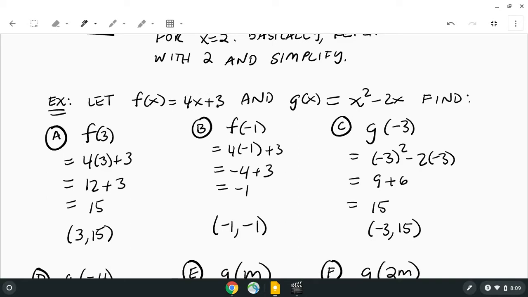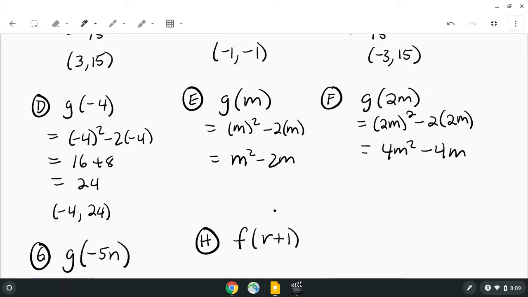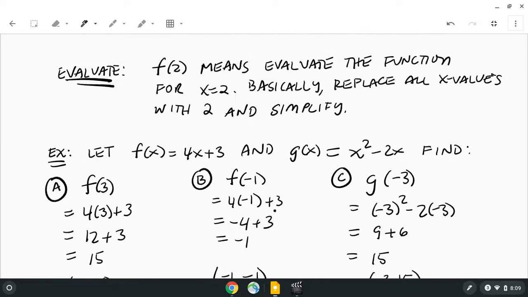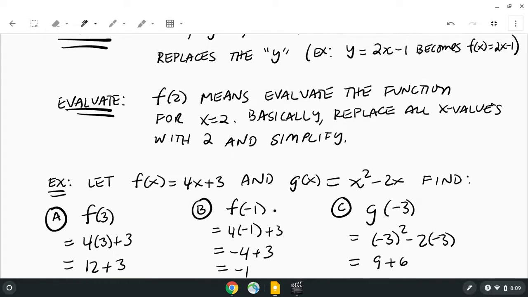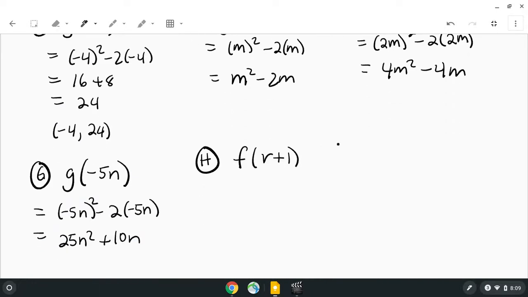Right now we're dealing with the f function, so we have to replace all the x's in the f function with r plus 1.